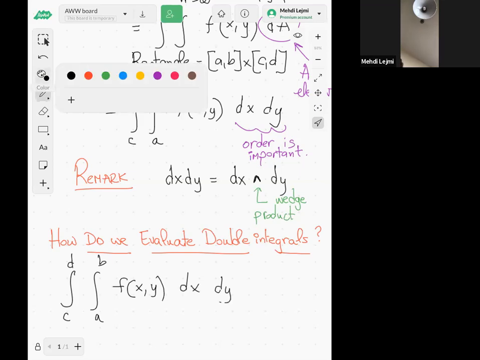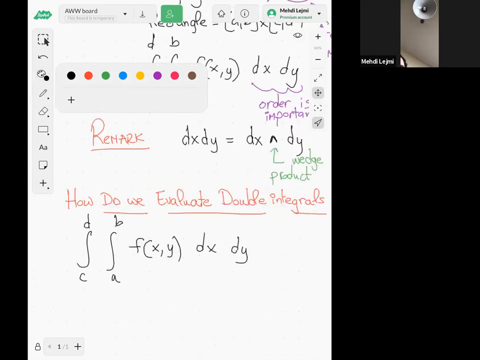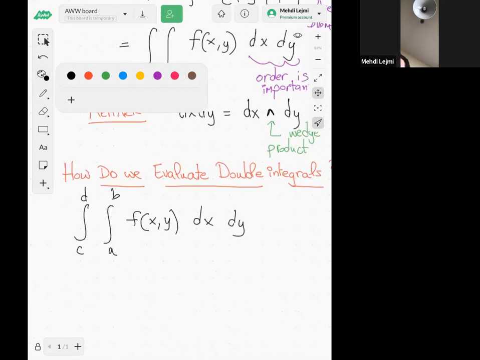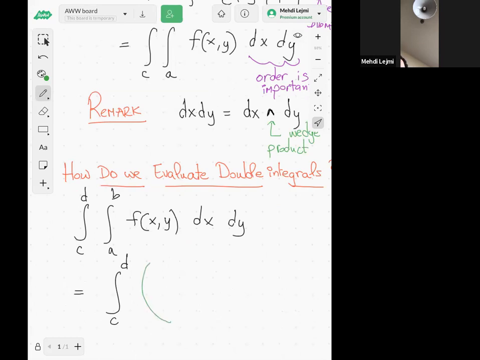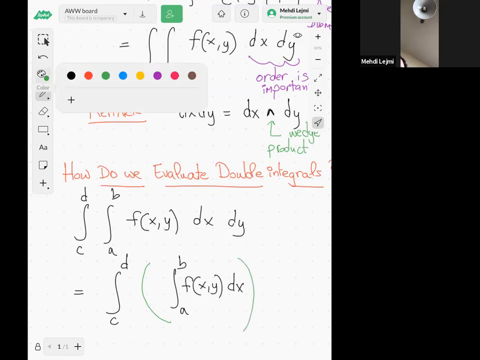So first we start with the integral with respect to x. Another way to write this, if you want to use parentheses, would be the integral from c to d, and inside parentheses the integral from a to b of f of x y dx, and then dy. So first we have this integral with respect to x.